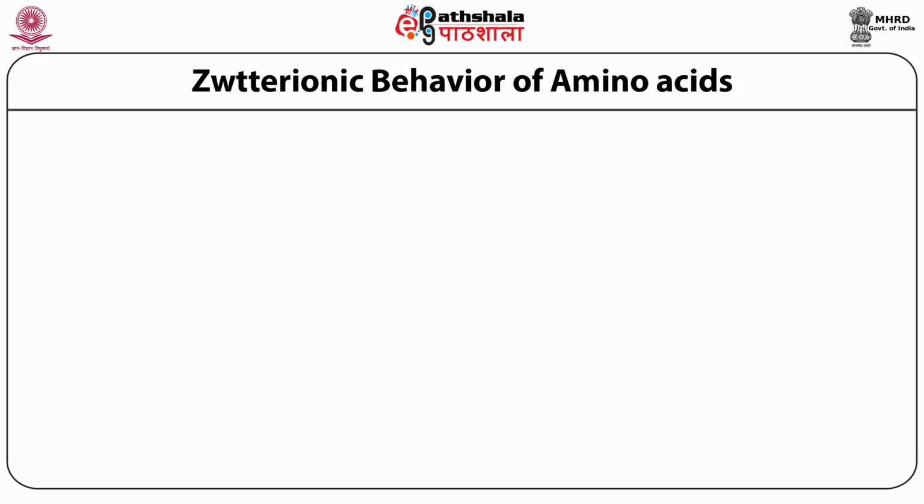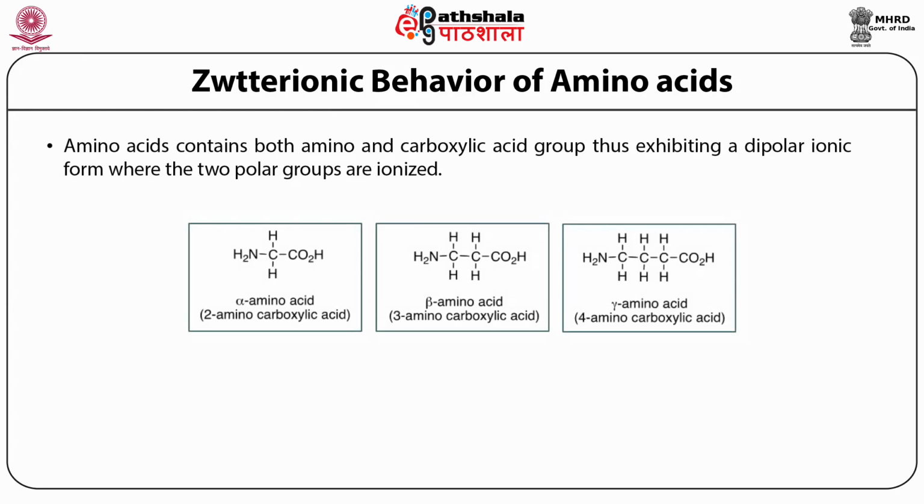Another interesting fact about amino acids is their zwitterionic behavior. Amino acids contain both amino as well as carboxylic acid groups. Therefore, they exhibit a dipolar ionic form where the two polar groups are ionized.